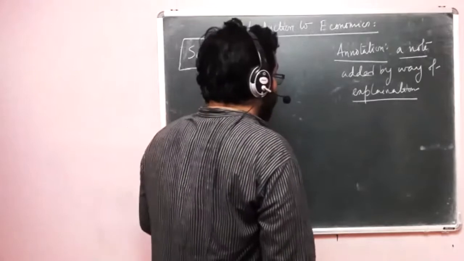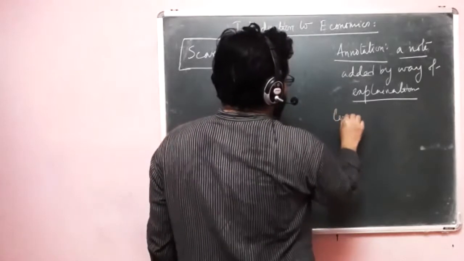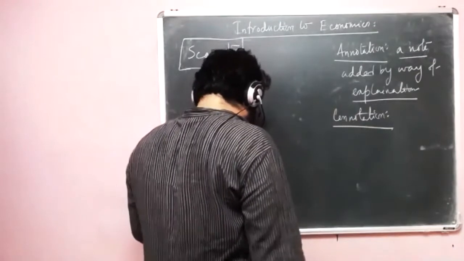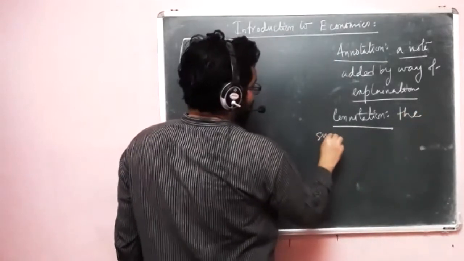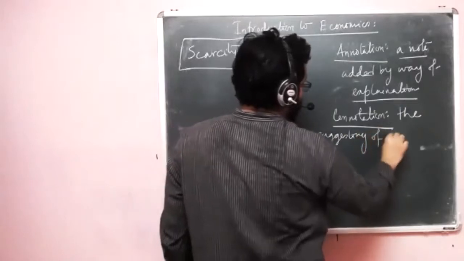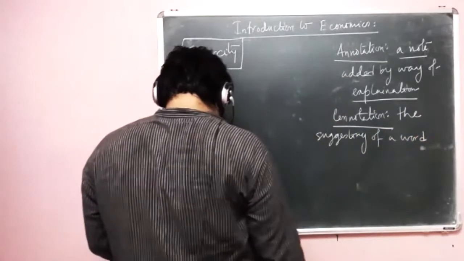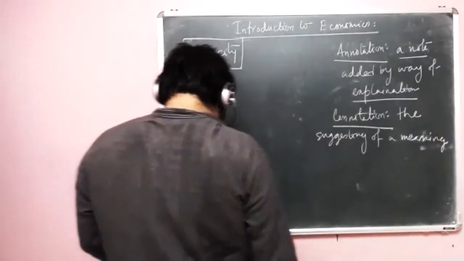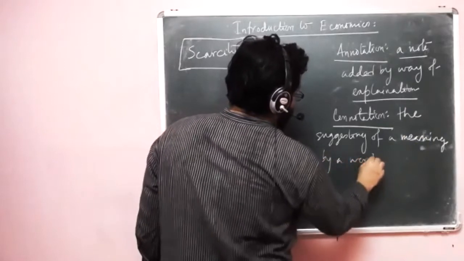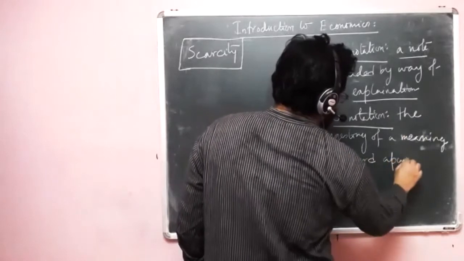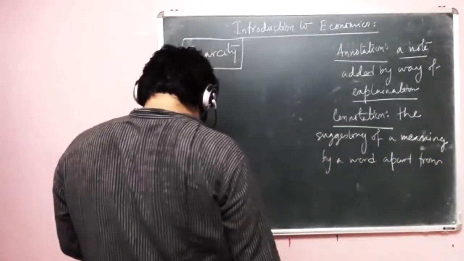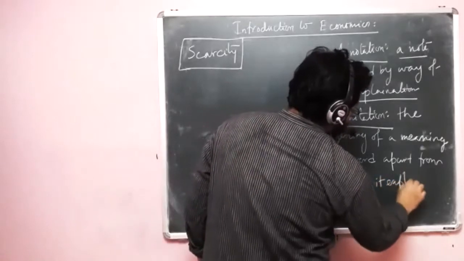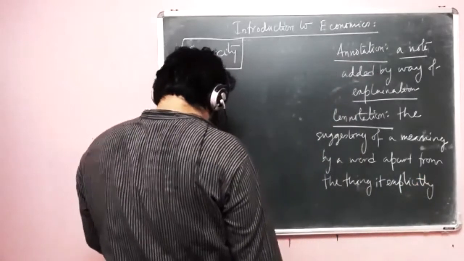And it is that which we are interested to study, and that is called connotation. Okay, so what is connotation? Connotation is the suggesting of a meaning by a word apart from the thing it explicitly names or describes.